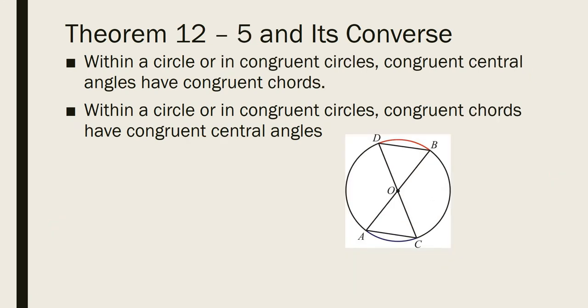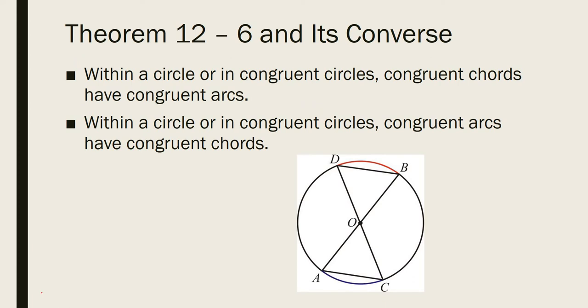Theorem 12.5. Within a circle or in congruent circles, congruent central angles have congruent chords. Same exact idea, except now we're talking about the chord length rather than the arc length. So chord DB is congruent with chord AC. And the converse, if the chords are congruent, then the angles are also congruent.